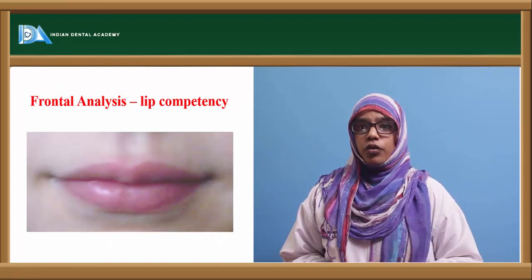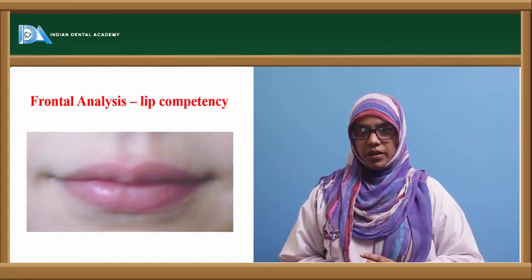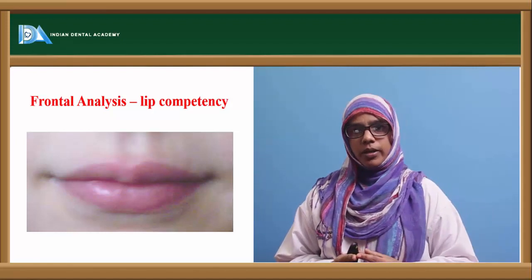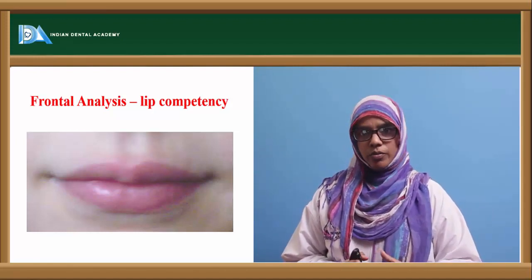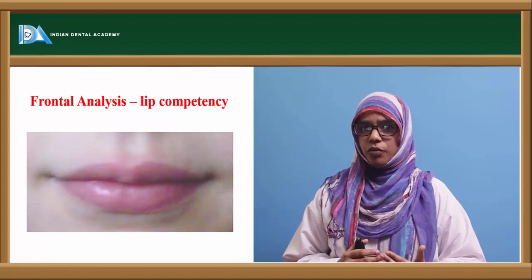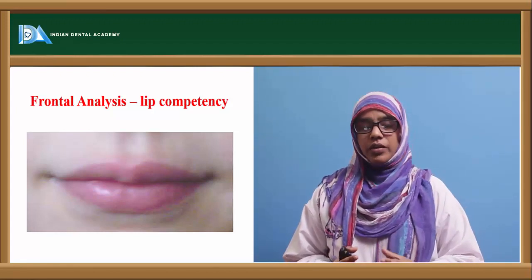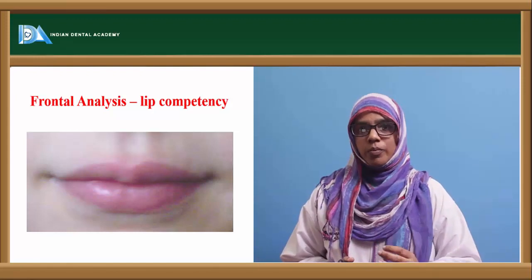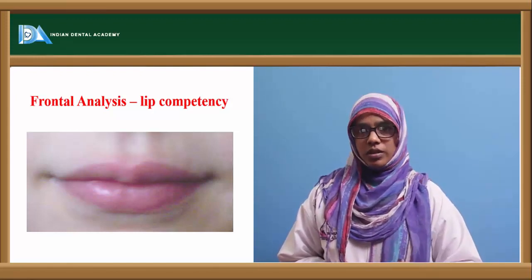Then let's move on to lip competency. It plays a very important role. The normal length of the upper lip is around 20 plus or minus 2, whereas the lower lip length is 40 plus or minus 2. In case of vertical maxillary excess, the lips are incompetent. The lips are not able to close completely.